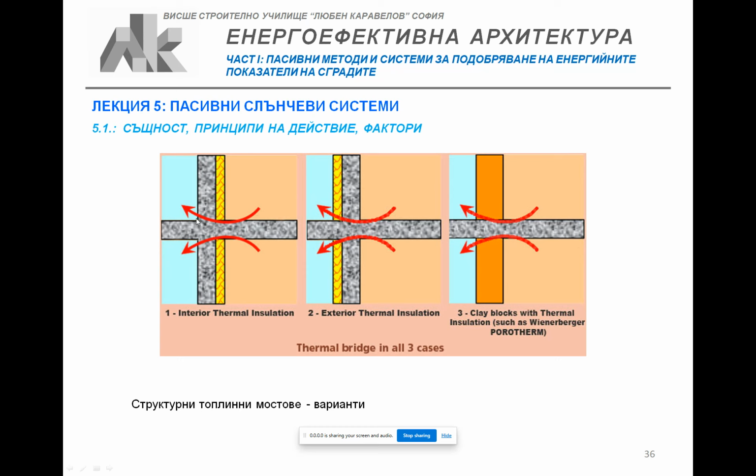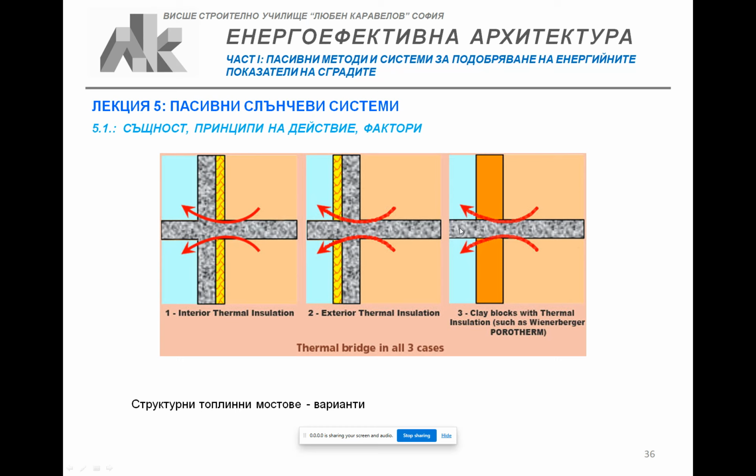The other moment is that the outer part of the structural bridge cools very strongly in the outside, and that cold doesn't stop at the wall.